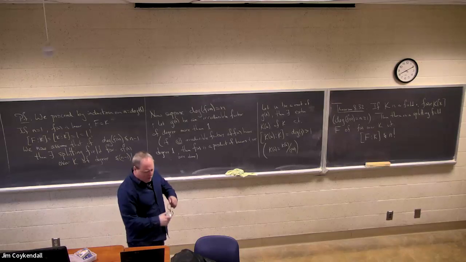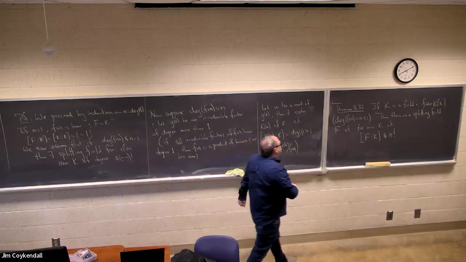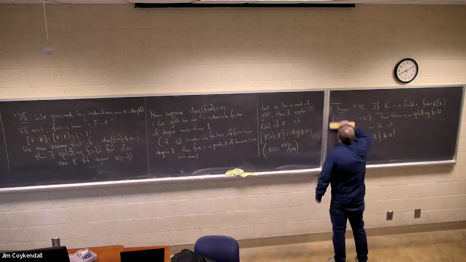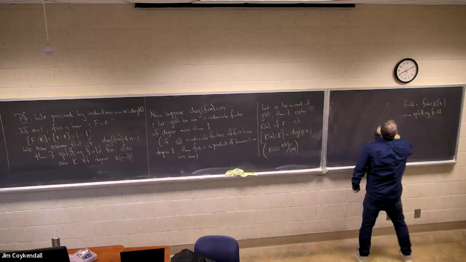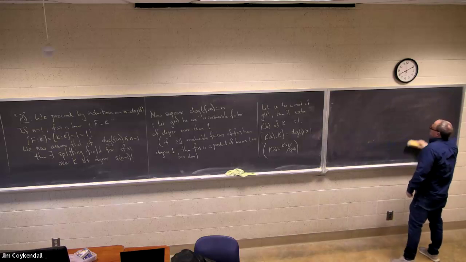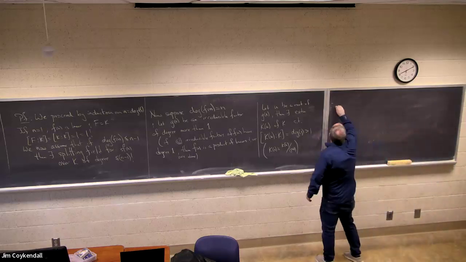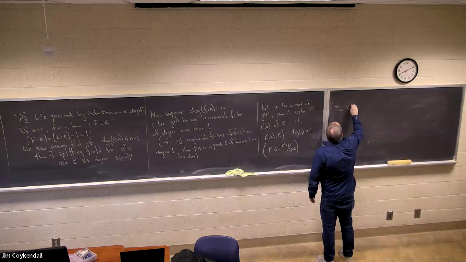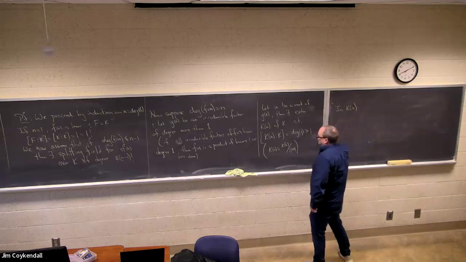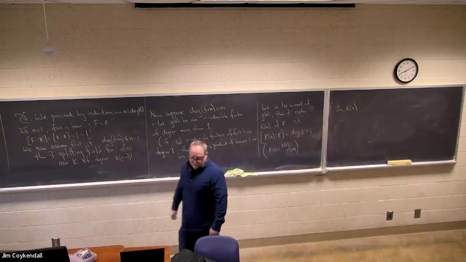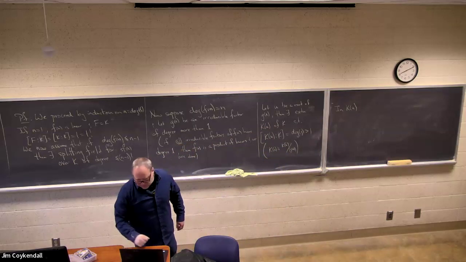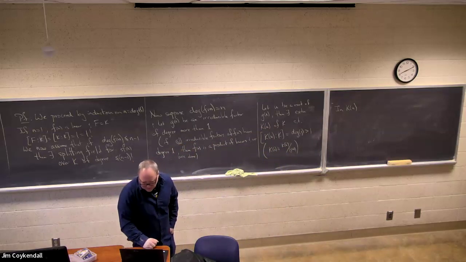So in K(u), now we take our polynomial f, which was originally degree n, and we factor it in K(u).